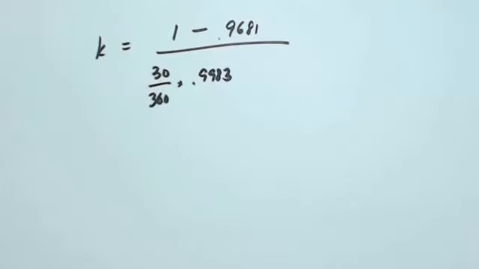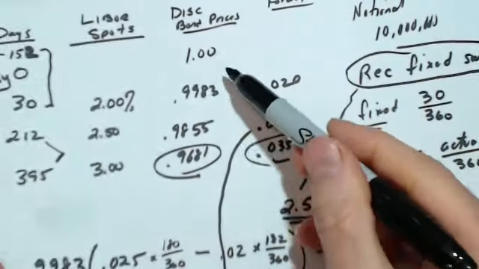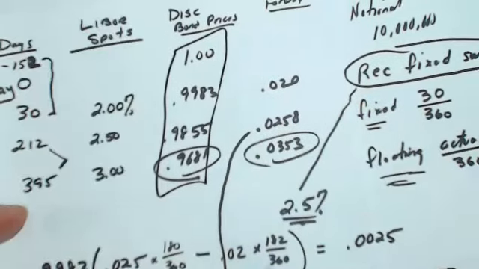And the zero discount price is coming right off of the discount bond price schedule here.